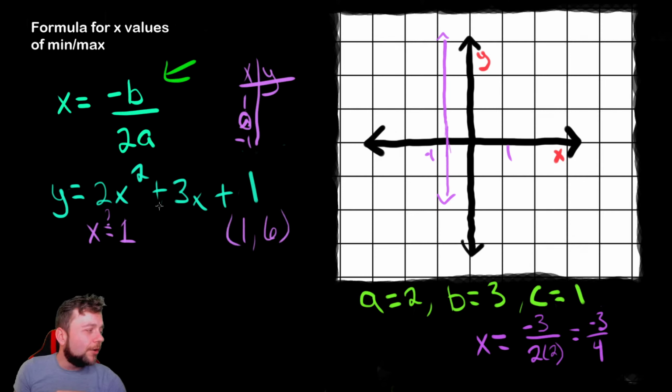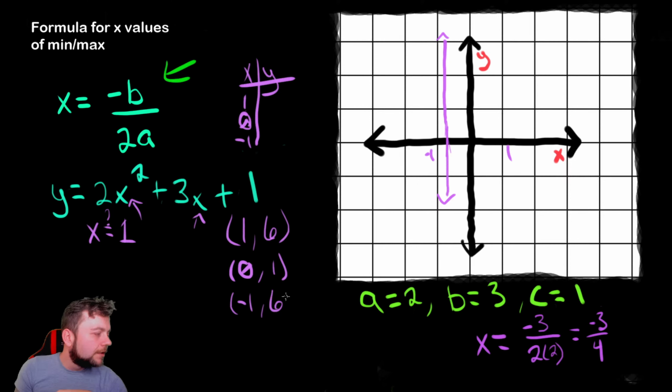If we did 0, this cancels out, and then we are left with a 1. And if we do a -1, it still ends up being 6. So this is kind of interesting. We know that our vertex is right here on this purple line that I drew out.